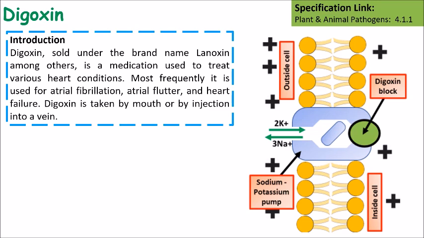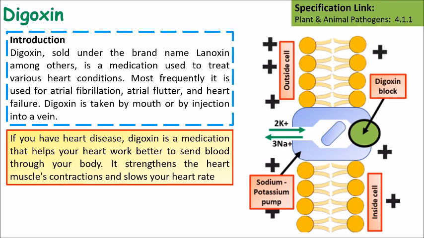Digoxin, sold under the brand name Lanoxin, among others, is a medication used to treat various heart conditions. Most frequently, it is used for atrial fibrillation, atrial flutter, and heart failure. It can be taken by mouth or by injection into a vein. If you have heart disease, Digoxin helps your heart work better to send blood through your body.